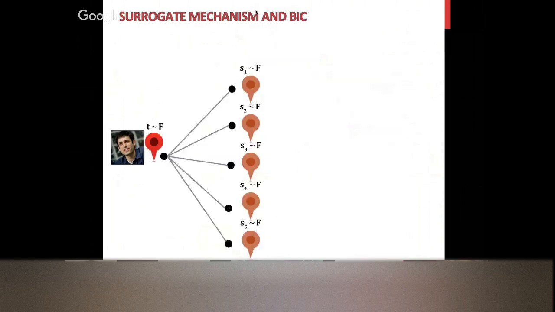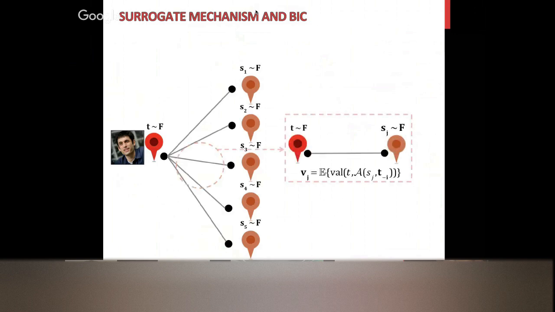Okay. So what do I expect from a surrogate mechanism to be able to do anything meaningful? The previous reduction that you saw has one property. For example, you try to make the surrogate mechanism truthful for one agent, and you expect that if you make it truthful for one agent, then it's going to become truthful for everyone. Basically, this is going to give you a BIC mechanism. Suppose this is your plan.